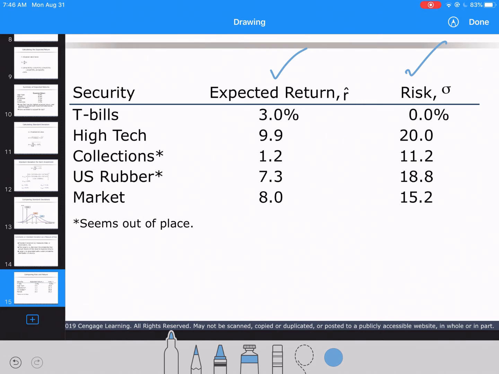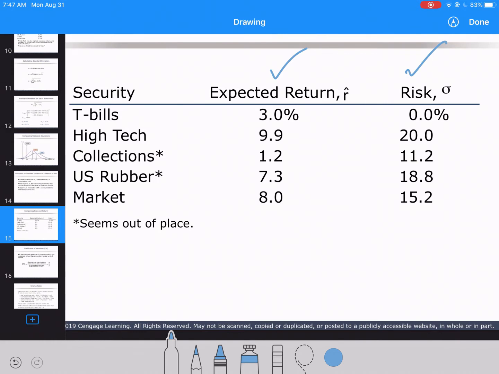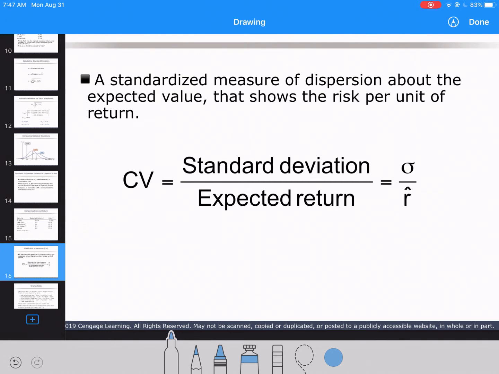Which one do you think is out of place? So this has got higher risk, yet its expected return is lower. So it seems that this is not working. That claim that expected return is related to risk, but most of the other ones have supported that.